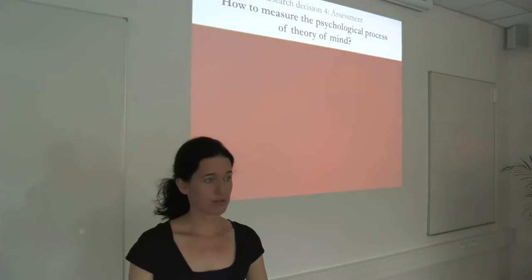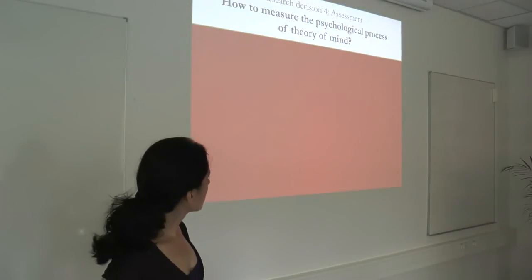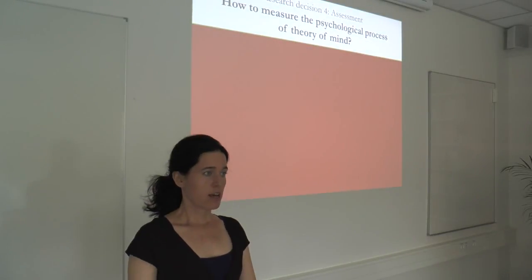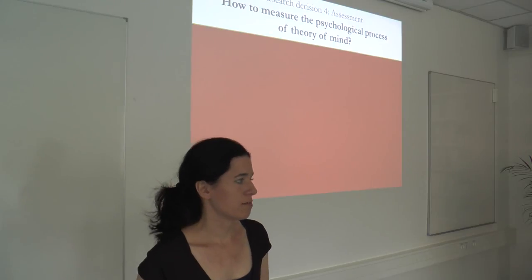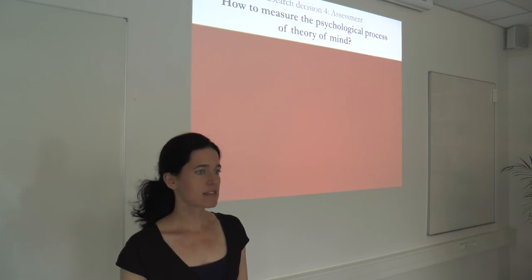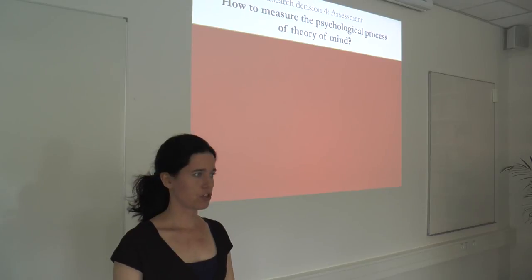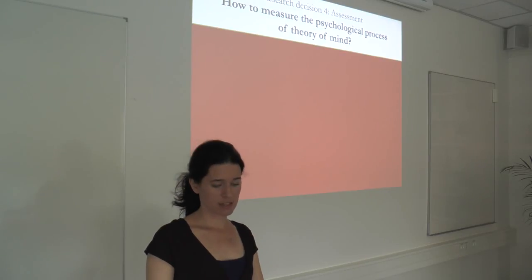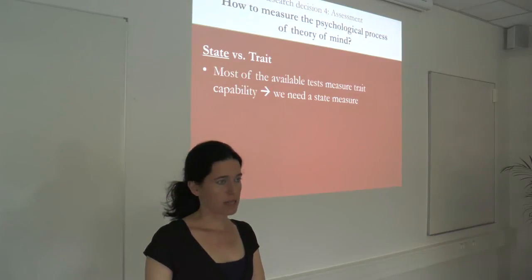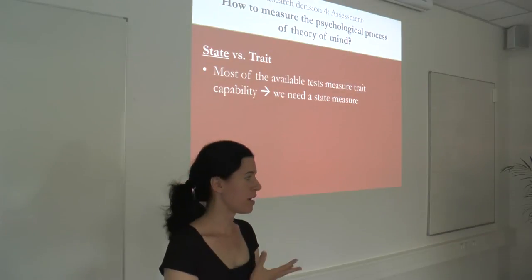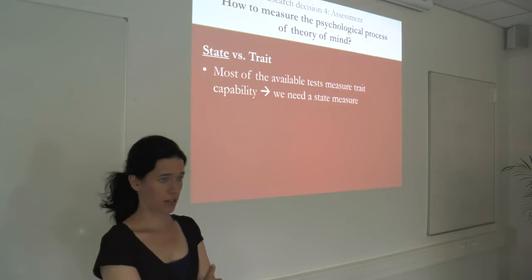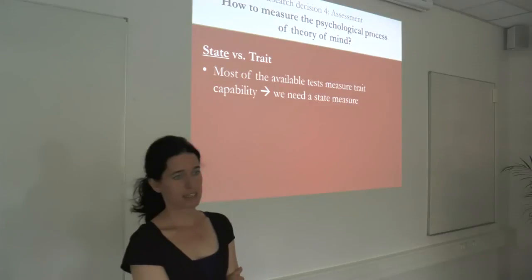So let me continue with our way of measuring theory of mind. Maybe you've heard of many tests and questionnaires reflecting on this psychological process. The main problem with them, from our perspective, is that they measure a trait and not a state response.